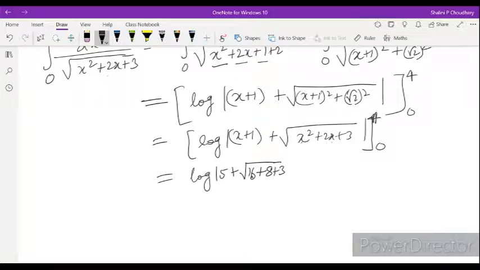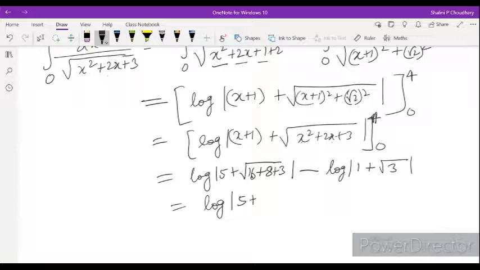Okay, so what value will we get? And minus log of this value, we have to put 0 at the place of x. So log of 0 plus 1, 1 plus square root of 0, 0, 3. So it will be 3. So it will be log of 5 plus square root of 16 plus 8 plus 3, 16 plus 3 is 19, plus 8 will be 27.